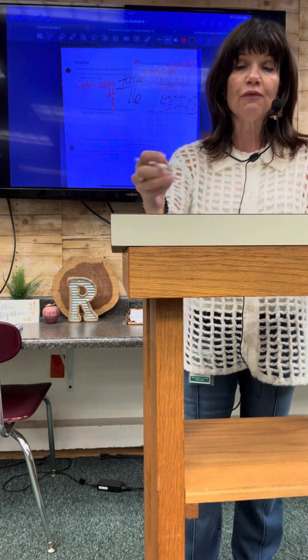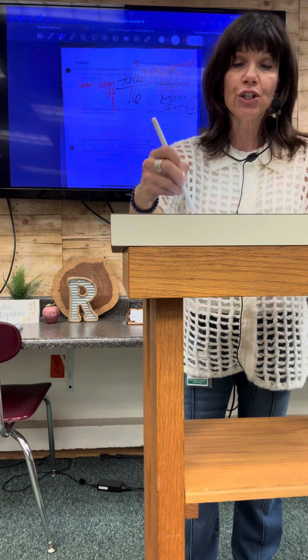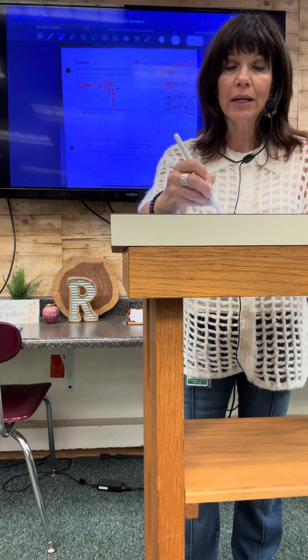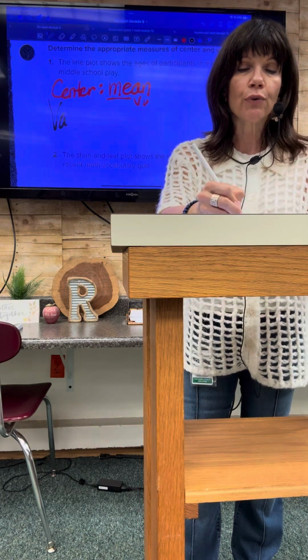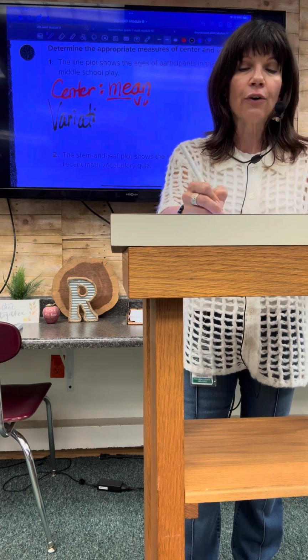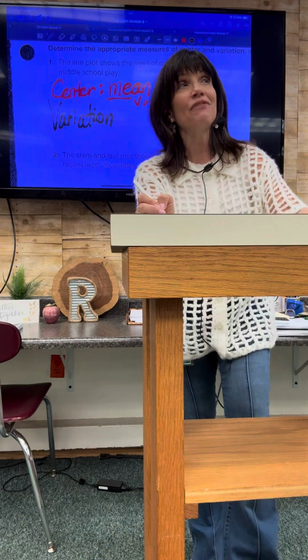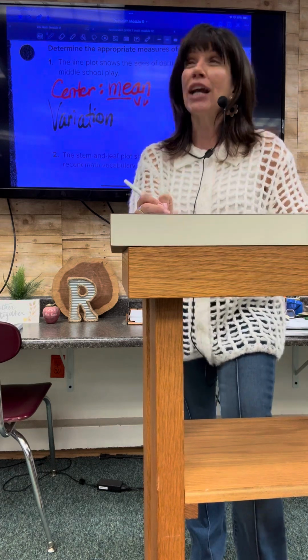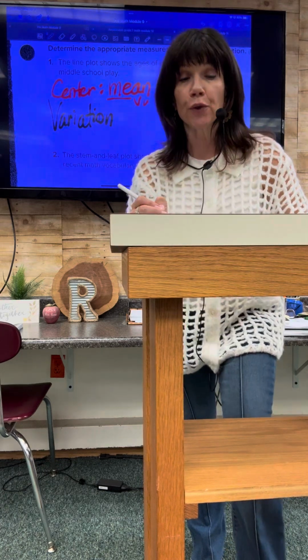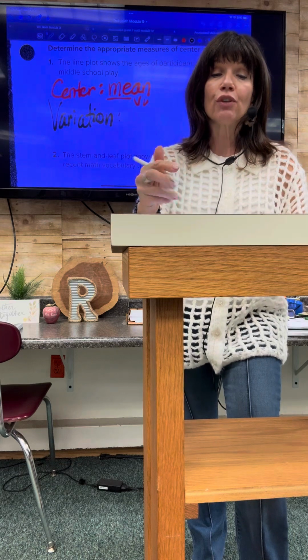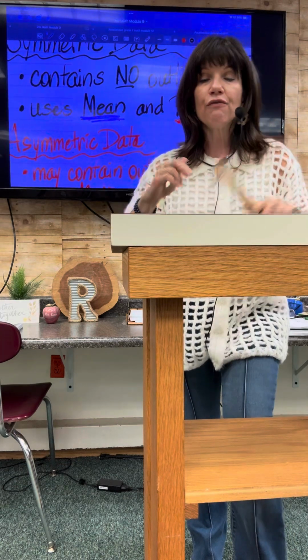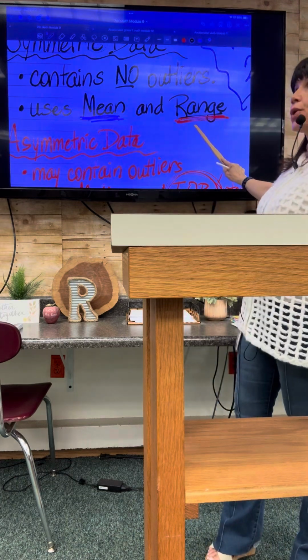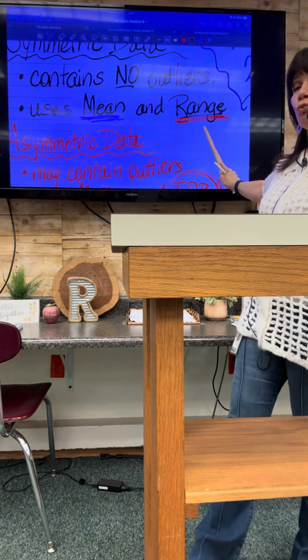Now we also need to find our variation. I'm going to erase a little bit to give myself room to teach you about variation. Now variation has a root word called vary, and I don't mean V-E-R-Y, I mean V-A-R-Y, meaning it changes. It is somehow different. In the variation for symmetric data, what kind of variation did we already say we're going to use? Say it, class. Range.